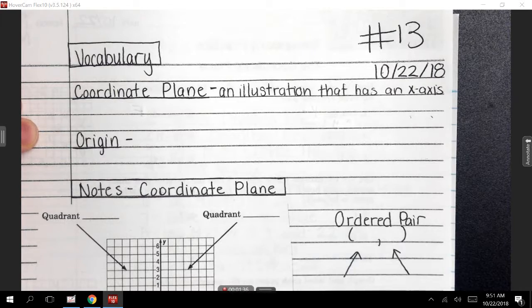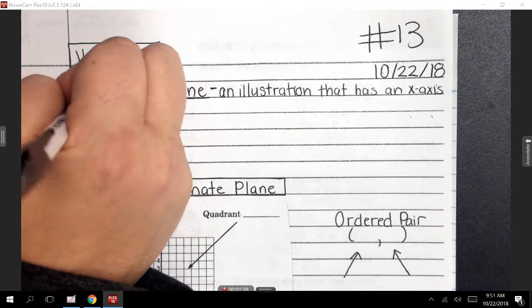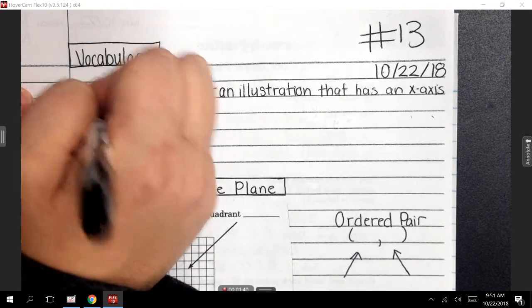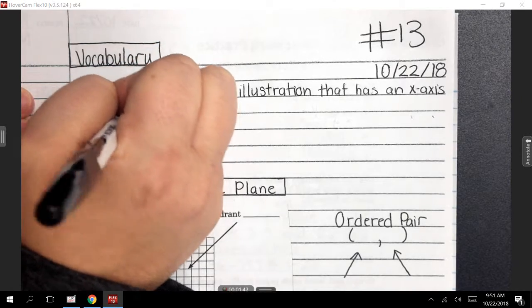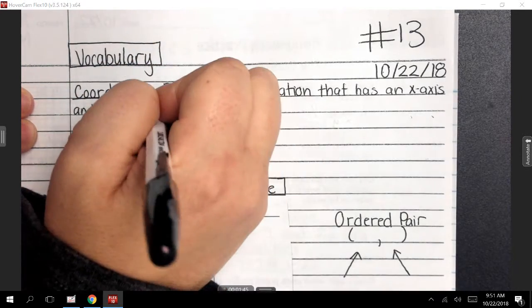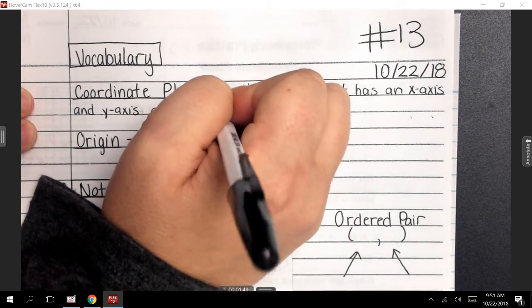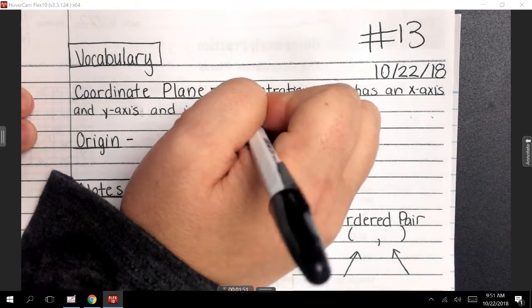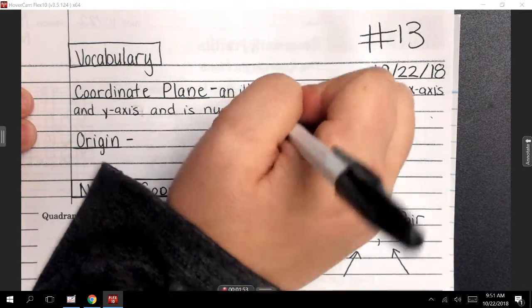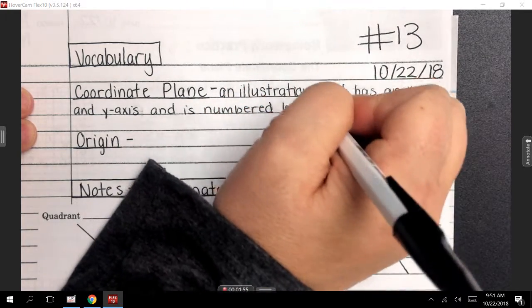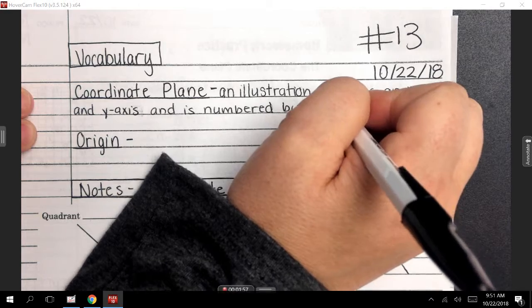So we're filling this in. And y-axis. And is numbered by integers.